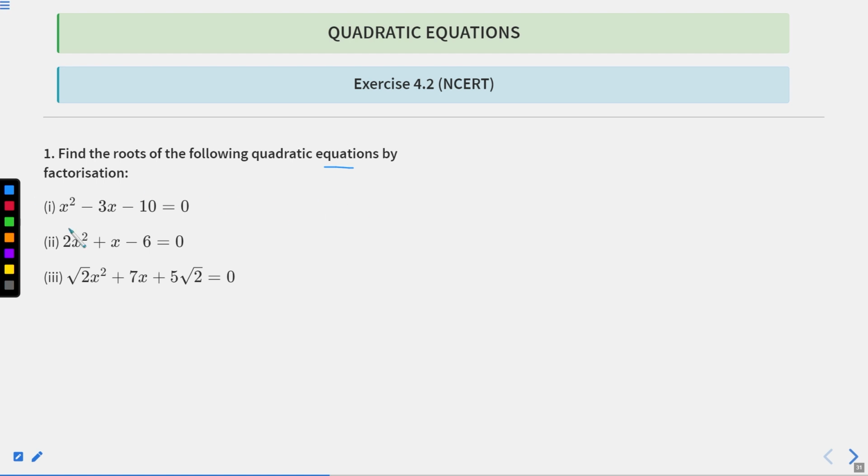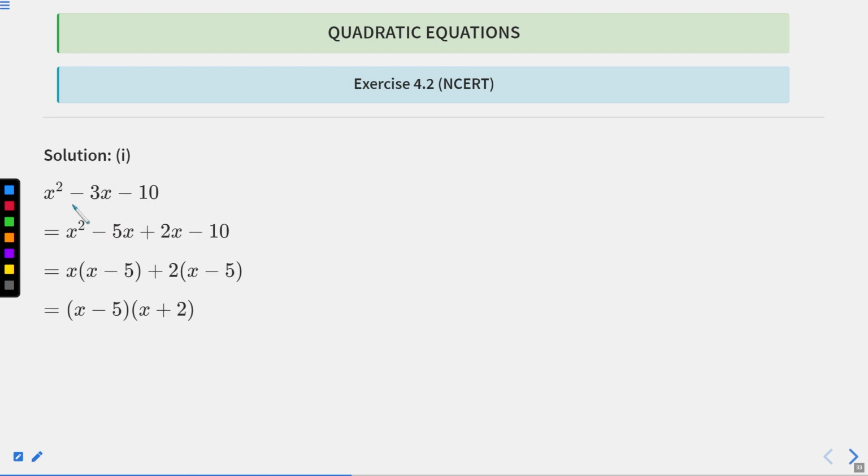In the first one we are given the equation x square minus 3x minus 10 is equal to 0. Here the middle term is minus 3x. So let us solve this problem.